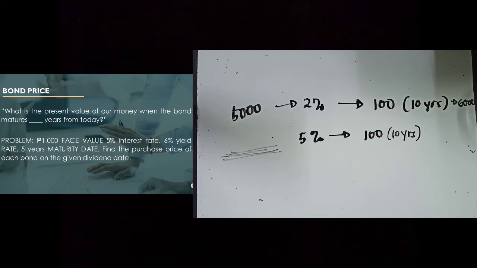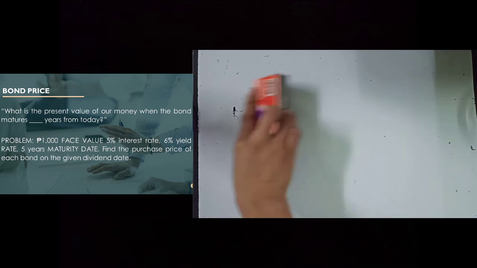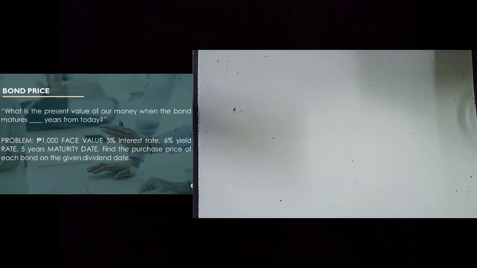Okay, so to solve for the bond price, we have different methods in solving bond price. But then, focus lang tayo sa isa. So, to solve for bond price, you're just going to solve first the annual interest payment, and after that, you need to get the sum of the quotient of annual interest payment and 1 plus the appropriate yield to maturity.